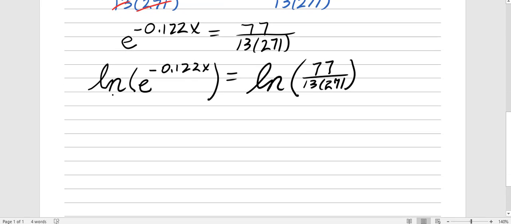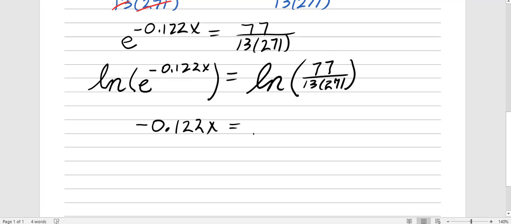All right, so the natural log, let's talk about this one specifically, is the exponent that I obtain when I apply negative 0.122x to e. So what is the exponent that you apply to e to get e to the negative 0.122x? Well, obviously that exponent is just negative 0.122x.